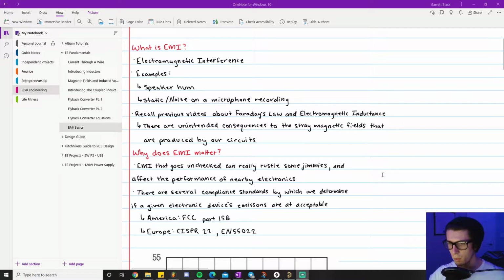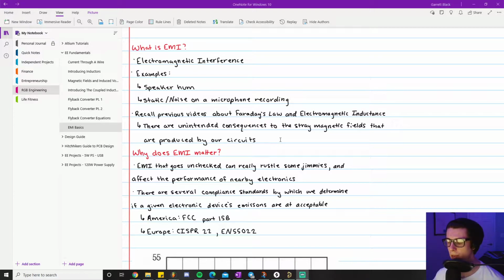So why does EMI matter? Well, I should quickly note that EMI is actually being produced by the very electronics that we use, right? So your cell phone is producing EMI as well as being affected by it. As I said, it's a double-edged sword here. And the reason why it matters is because EMI that goes unchecked can really rustle some jimmies.